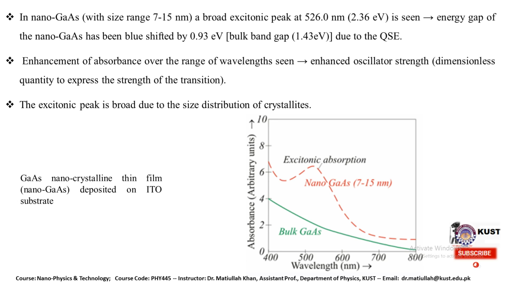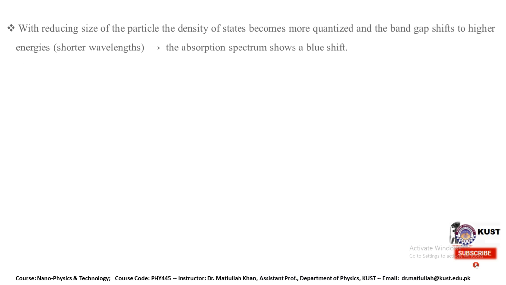The enhancement of absorption seen here is the enhanced oscillator strength, a dimensionless quantity to express the strength of the transition. This excitonic peak is broad due to the size distribution of the crystallites.